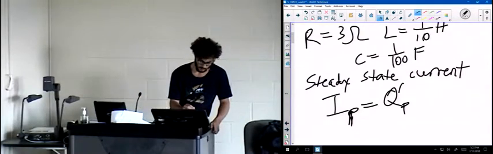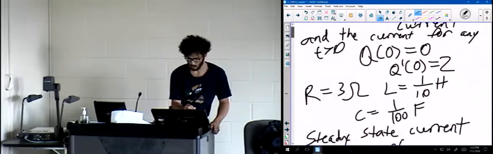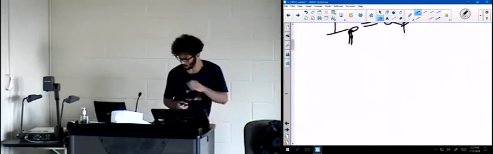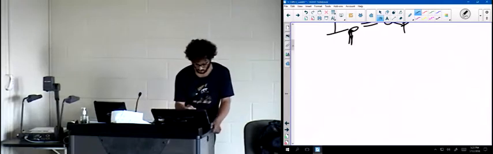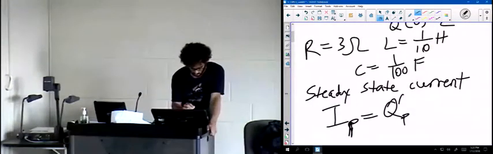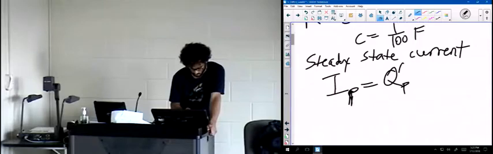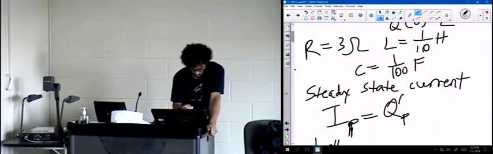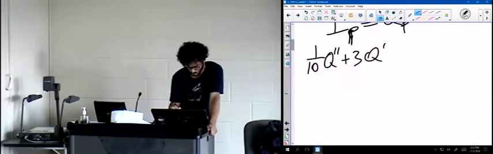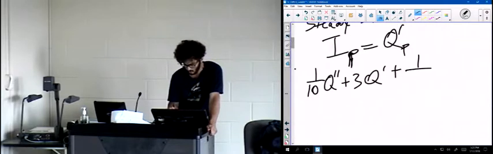Okay. So let's set up our formula here. So if that's the case, we have 1 over 10 q double prime plus 3 q prime plus 1 over 100 q.